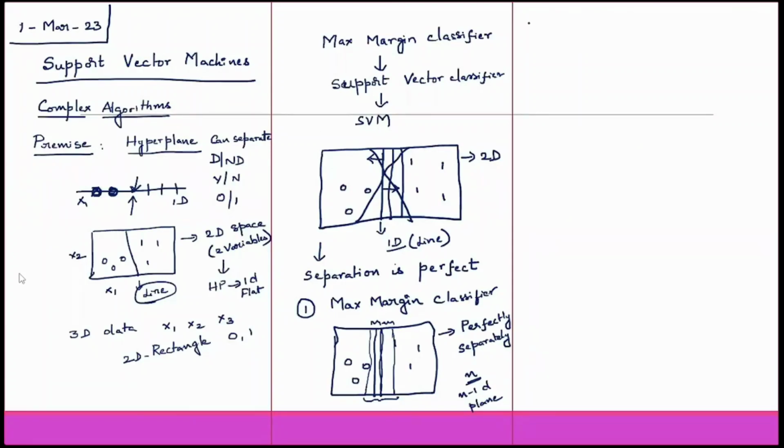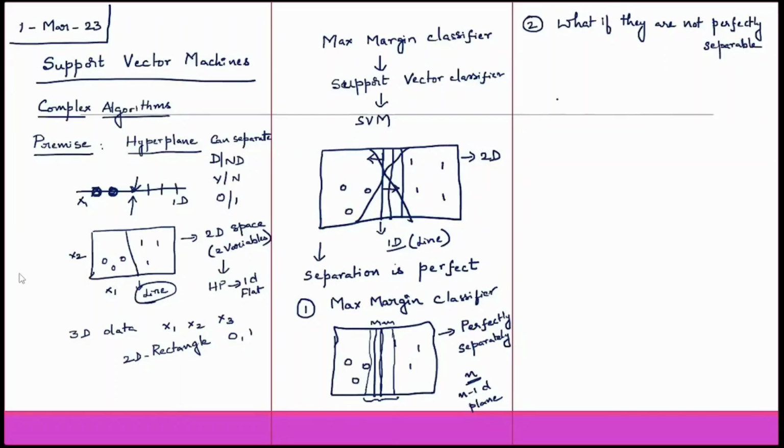Now, the second instance that I am talking about is, what if they are not perfectly separable, which is the most common problem. What if they are not perfectly separable?